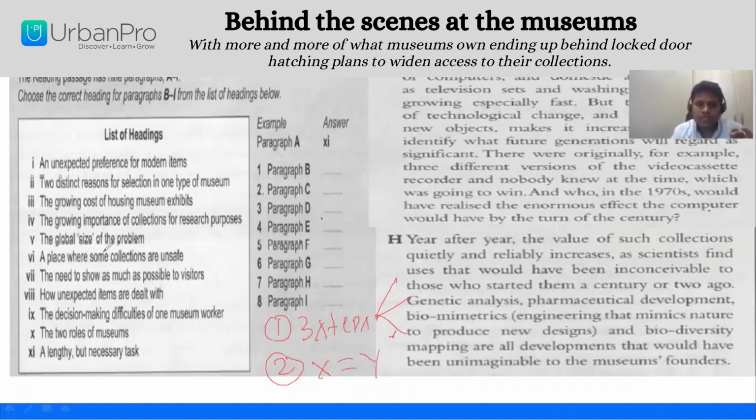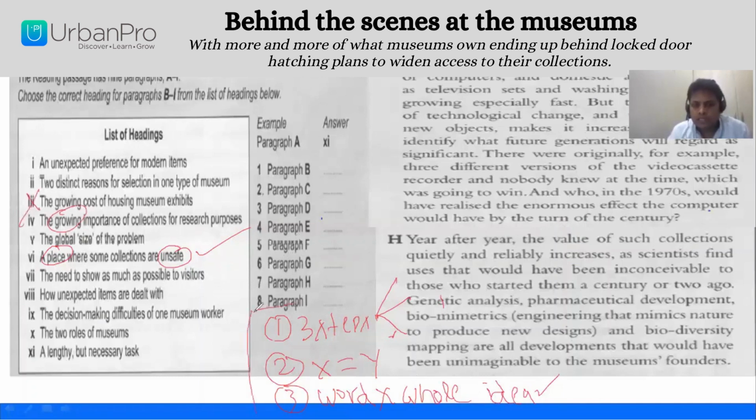For example, place, London, unsafe, contaminated, dangerous. So that's the best answer. Third formula: don't match with the individual word, but match with the whole idea of a paragraph. If you match with the whole idea of a paragraph, you can answer the question. Okay, so here let's say growing, growing. So definitely your trap answer or distractor is 3.